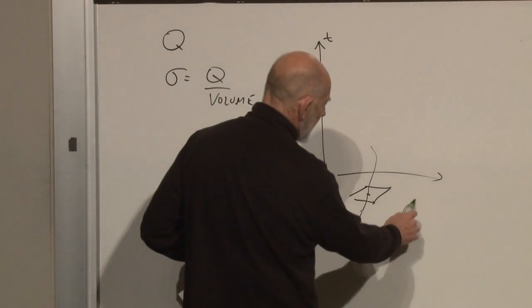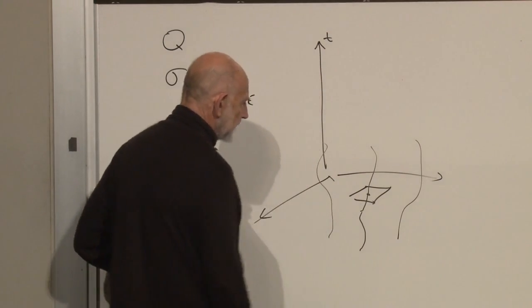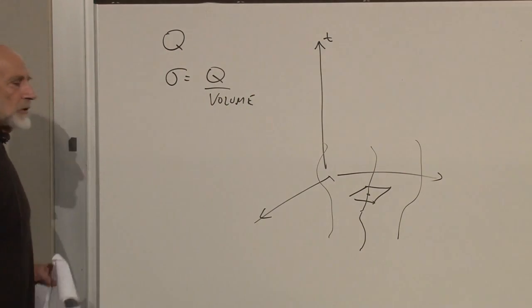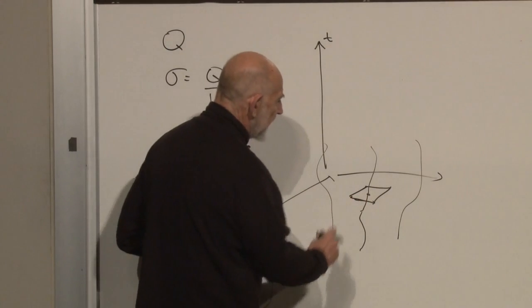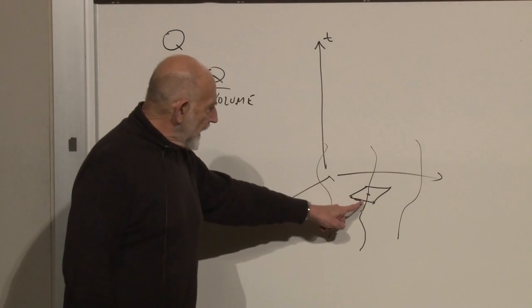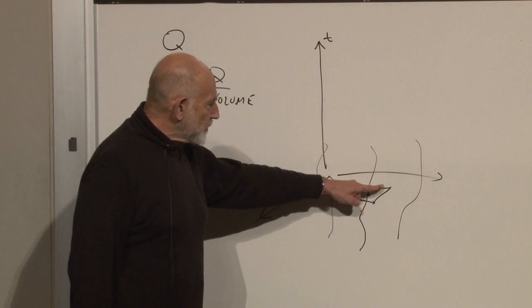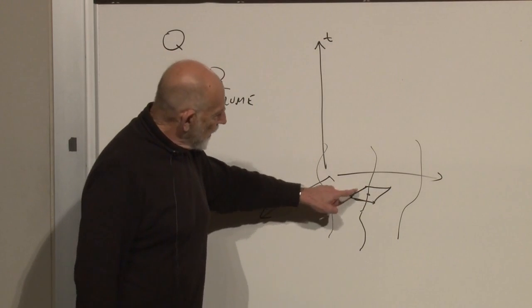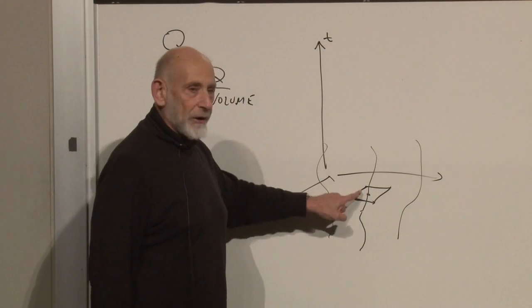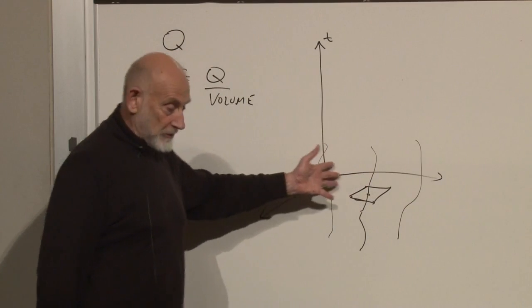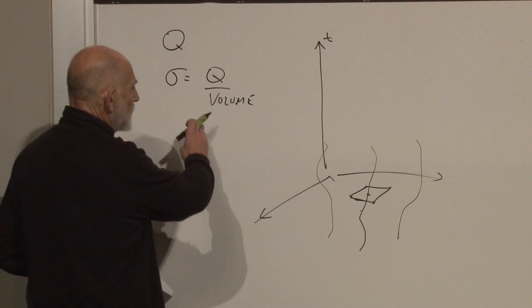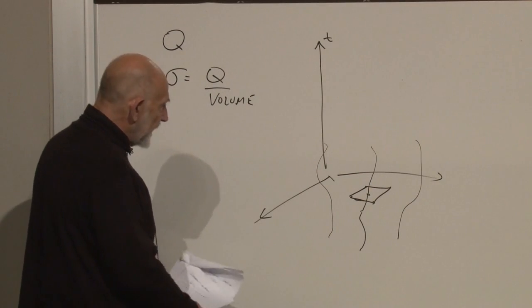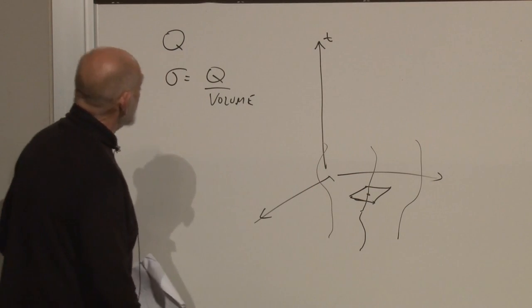There's other charges out here which don't pass through it. When I want to count the charge in a volume of space at a given instant of time, it's almost like asking for the charges which pass through a little cubic area here, which is now being represented as a little square area. All right, so it's charge per unit volume, and you can draw it like this.